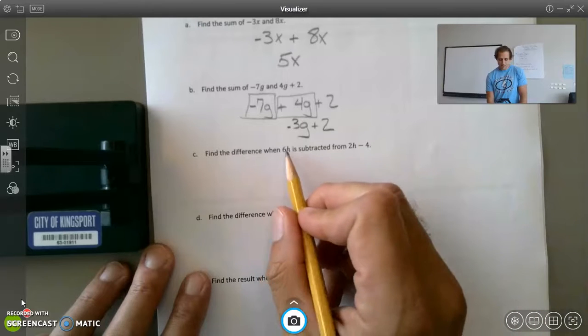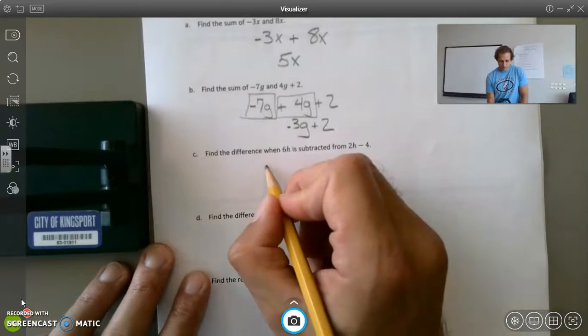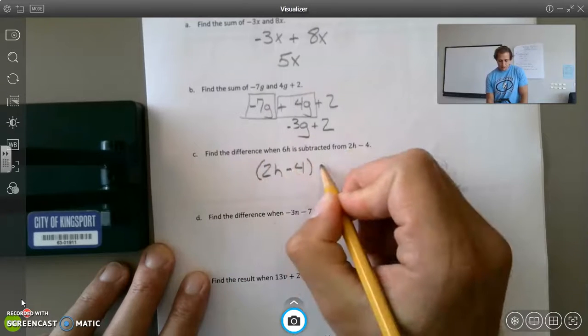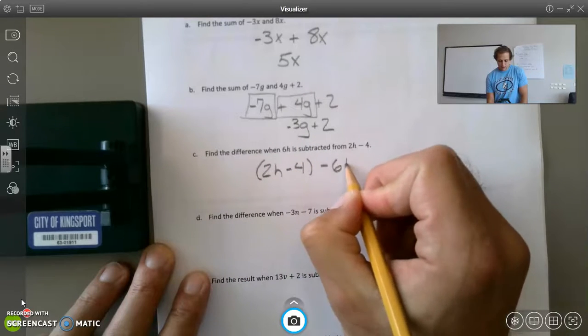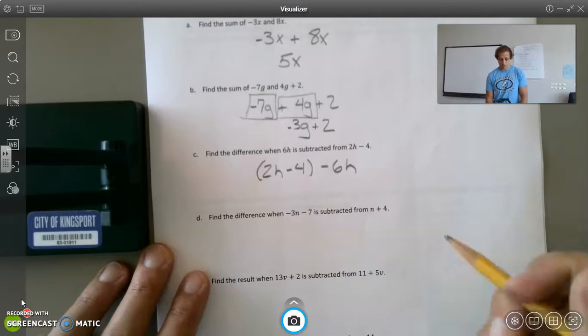Find the difference when 6h is subtracted from 2h minus 4. So I have 2h minus 4, and I'm going to subtract 6h. Okay? Now, because this is subtraction, I would like to rewrite it as addition, and that way I can, again, move the numbers and add them in any order I would like.